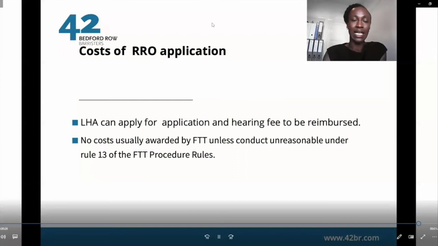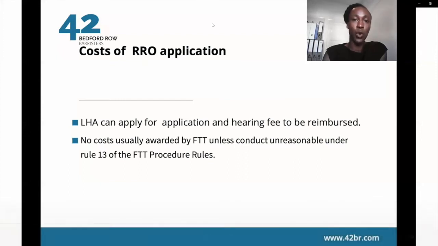And it's right that you won't be able to get any other costs unless you're able to prove that there was unreasonable conduct under Rule 13. One last thing to remember is just in relation to enforcement, county court bailiffs can enforce the order and recover the debt if the landlord does not make payments.